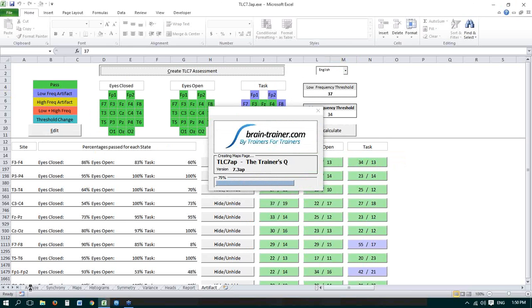You see across the bottom of the page here, there are these tabs for analyze, synchrony, maps, and so forth, and those are all different ways of looking at the brain. By clicking on those, we'll be able to see those views.